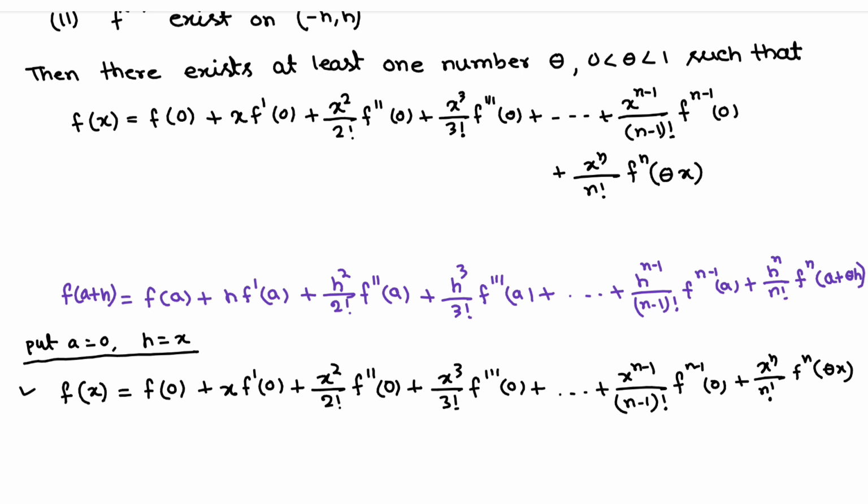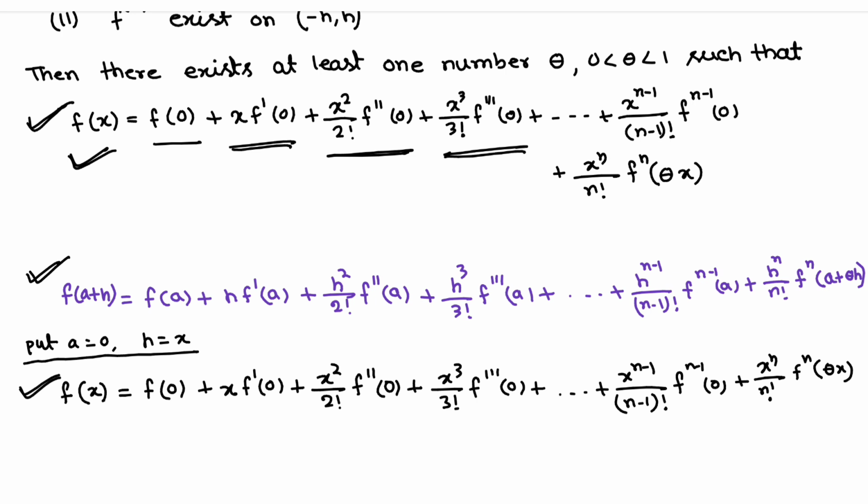Now compare this result with this result. Same, na? That means just you have to remember the Taylor's MVT, second form of Taylor's MVT with Lagrange remainder. Now in this result, put a equals 0 and h equals x. You will get the Maclaurin's MVT. Very simple. Okay, so f of x equals f of 0 plus x f dash 0 plus x square by 2 factorial f double dash 0, x cube by 3 factorial f triple dash 0, and so on.